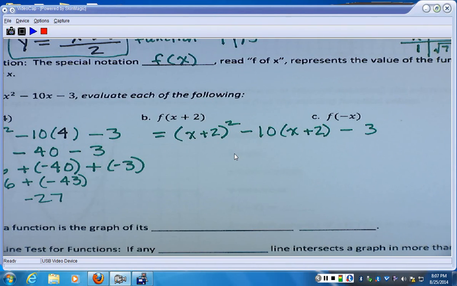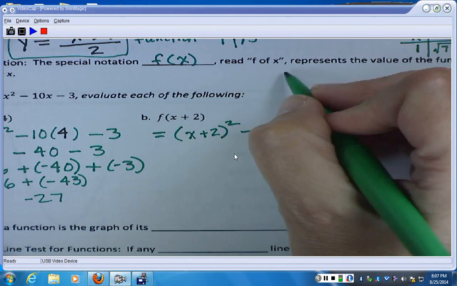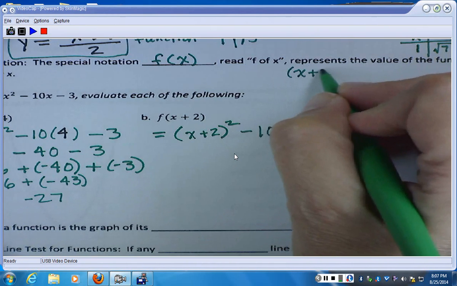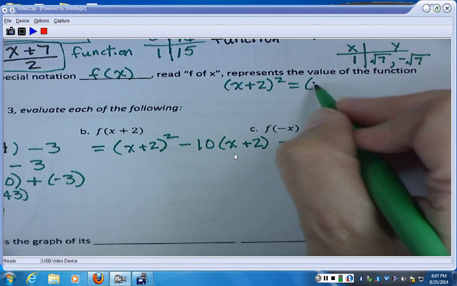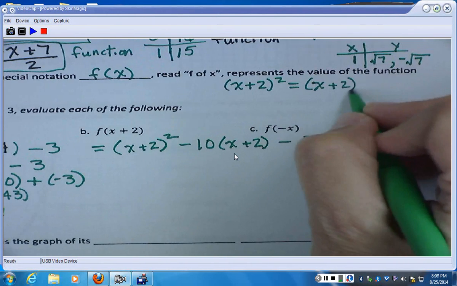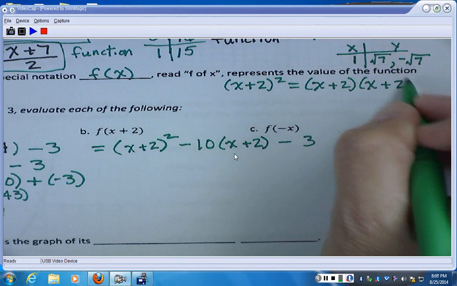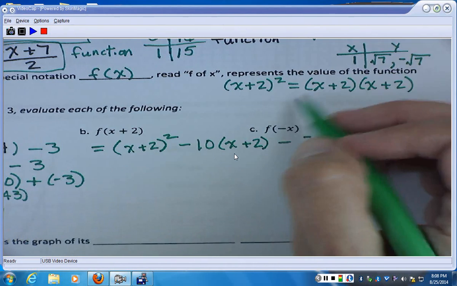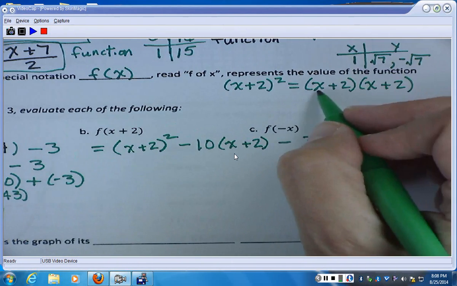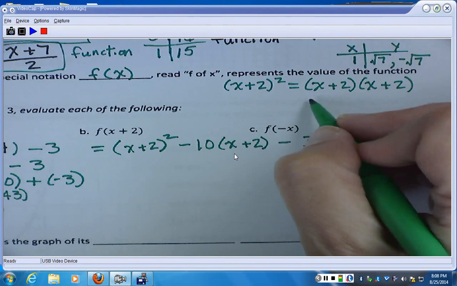Okay, so now you got to remember how to square a binomial. Equals x plus 2 times x plus 2. So you can do FOIL, you can do distributing. FOIL is first is x times x, it's x squared.